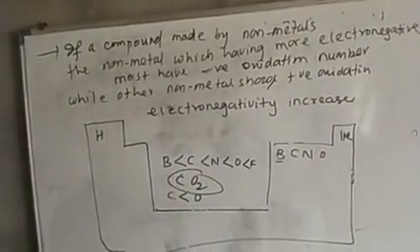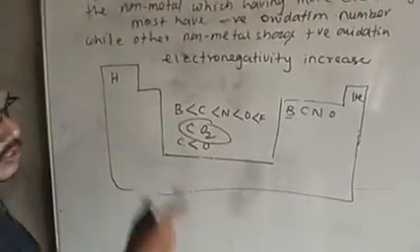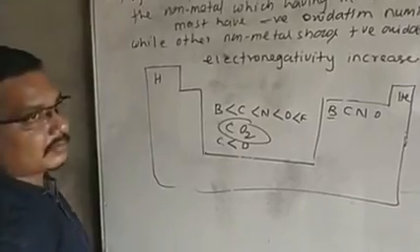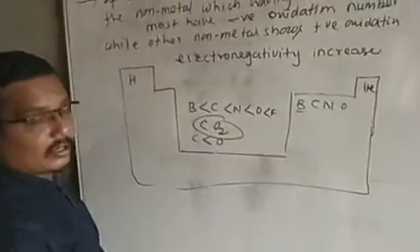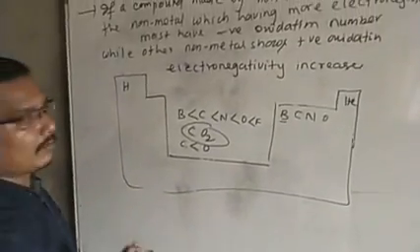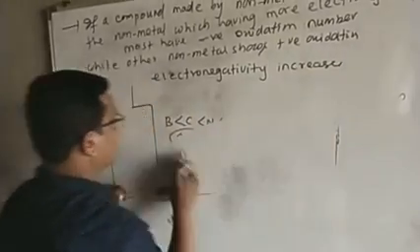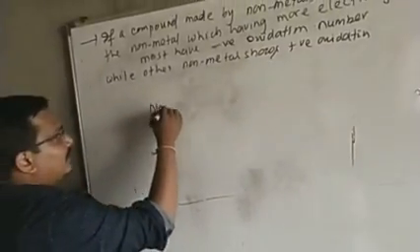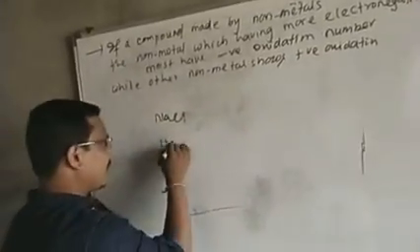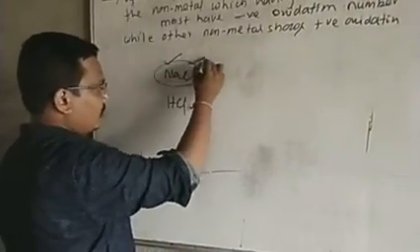It is only for binary compounds. The previous rule is also a binary compounds rule. If a compound is made by one metal and another non-metal, these are binary compounds. Binary compounds mean only two kinds of atoms are present, just like NaCl, a binary compound, and HCl, a binary compound. In NaCl, one is metal, another is non-metal.